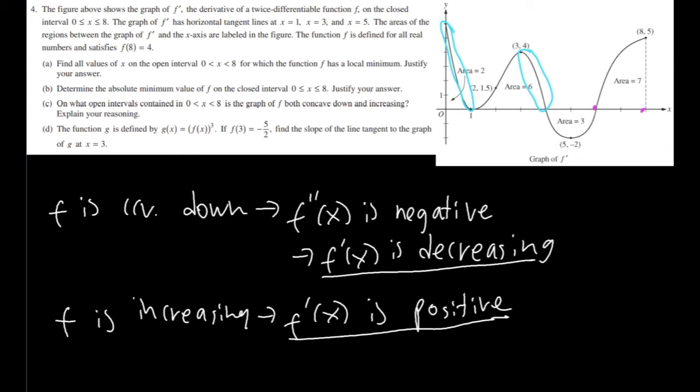So we can say that 0 is less than x is less than 1, and 3 is less than x is less than 4, right? Because it's 1, 2, 3, 4. So this region and this region, those two regions, because those are the regions where f prime of x is decreasing and positive. But these are the two regions that fit that criteria. And this was a 2-point question, 1 point for the answer, 1 point for the explanation.